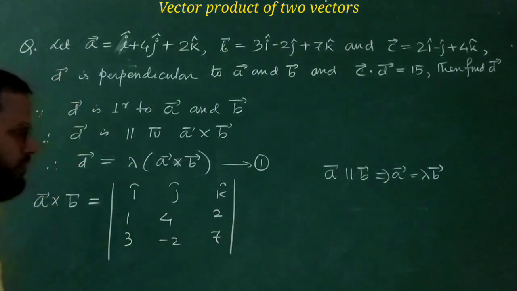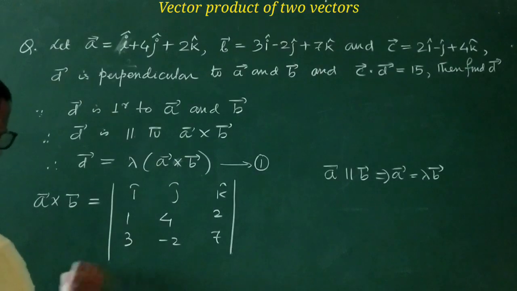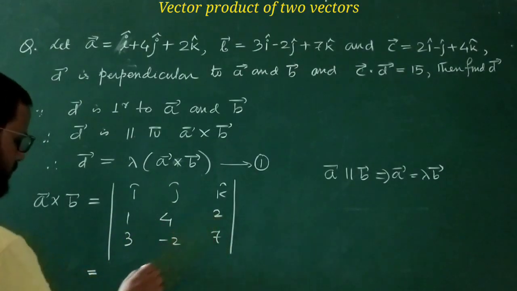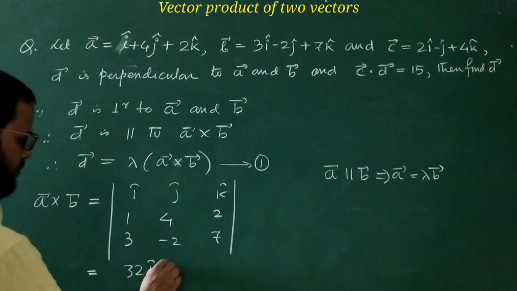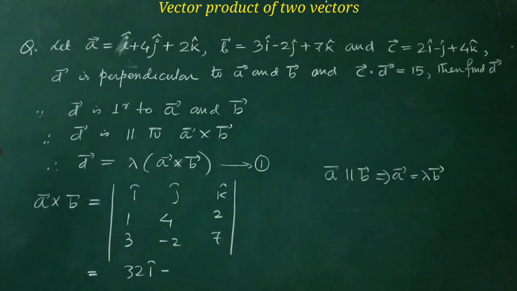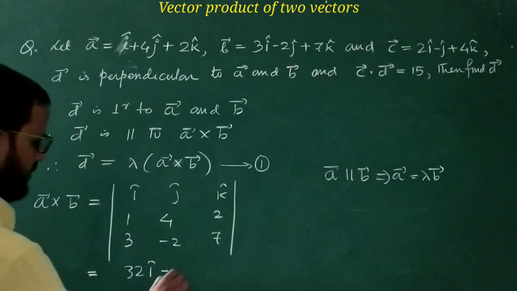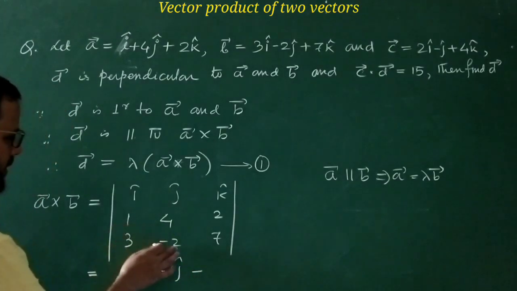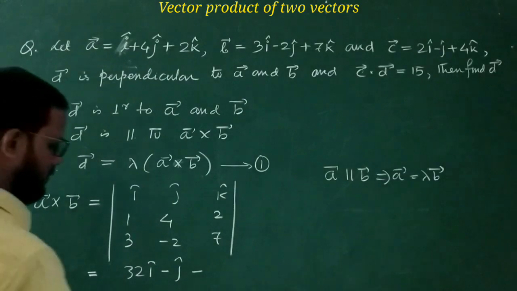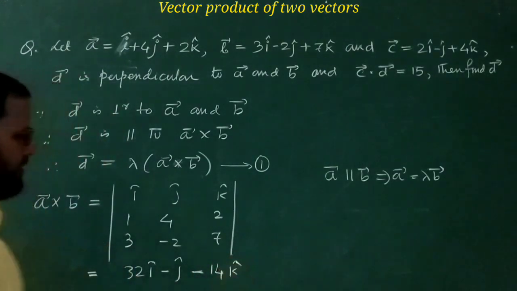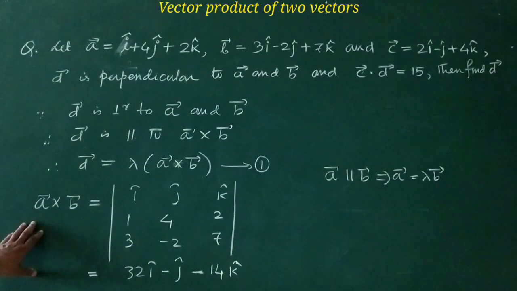If you expand it, what do you get? 28 plus 4, 32 i cap, minus j means 7 minus 6, only j cap, and for k cap, minus 2 minus 12, minus 14 k cap. I hope you understand. This is just the expansion of the determinant. Ultimately A cross B is equal to this.